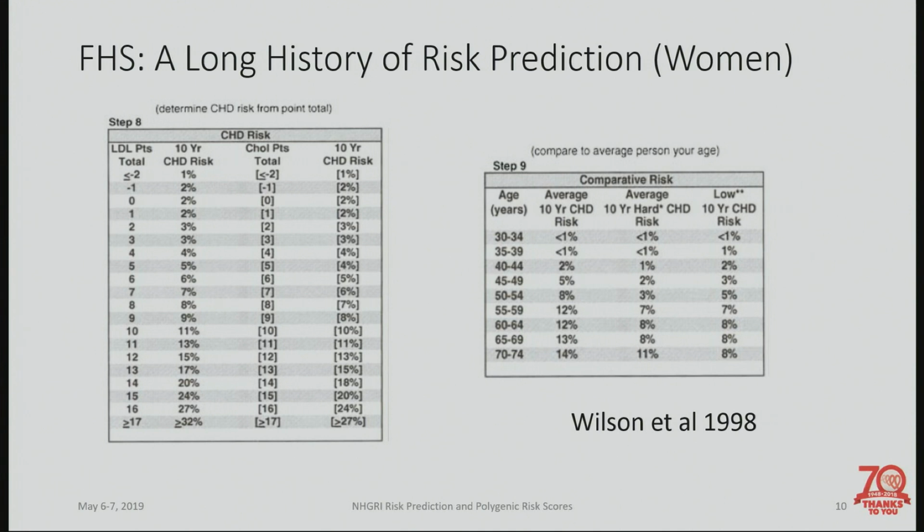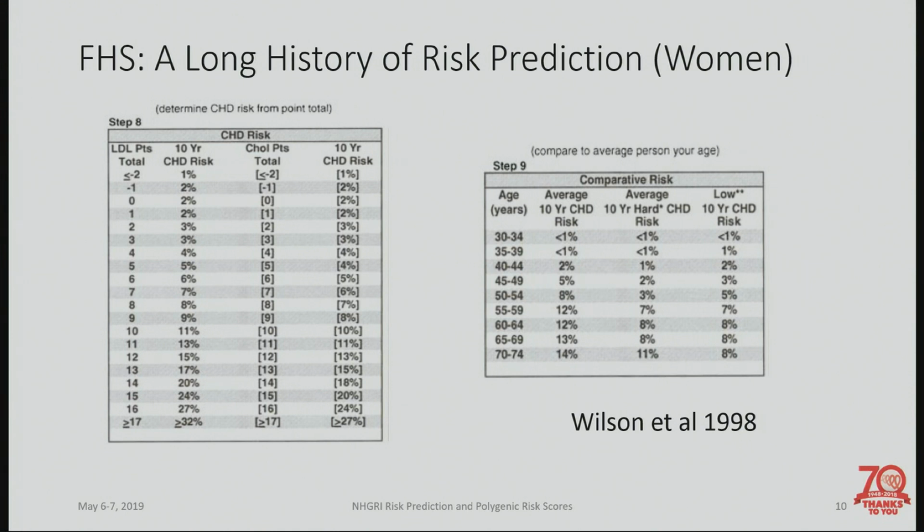You could compare, if you were in the age range 50 to 54, you were at 10% or 11% risk over here, but the average risk for 10-year CHD was 8%, or the optimal, a lower risk was 7%. So you probably needed to do something to try to bring your risk down.